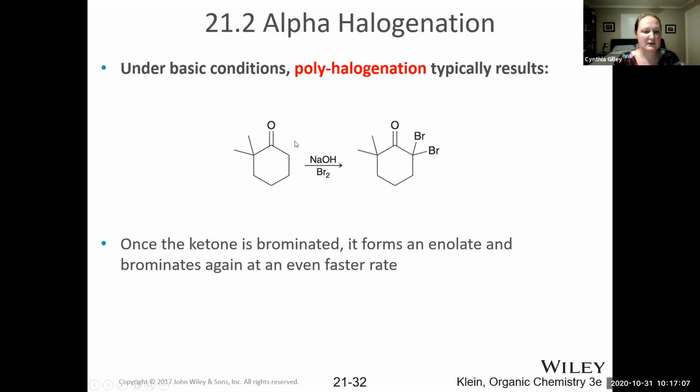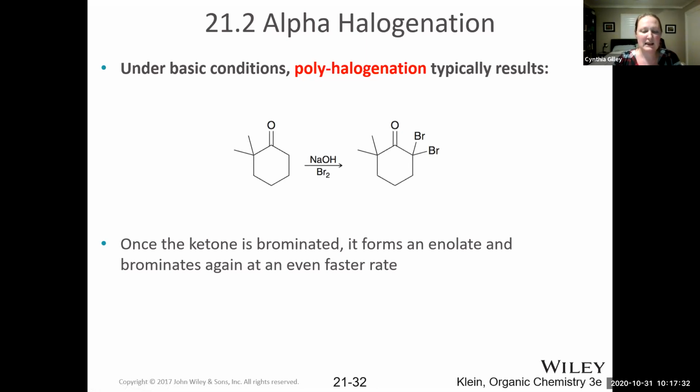But there are still two hydrogens attached to the alpha carbon on the right, and that can lead to a dibrominated product. So if this wasn't the product that you were looking for, you probably wouldn't want to use the reactions under the strong base and instead use the acid catalyzed conditions that we saw previously.